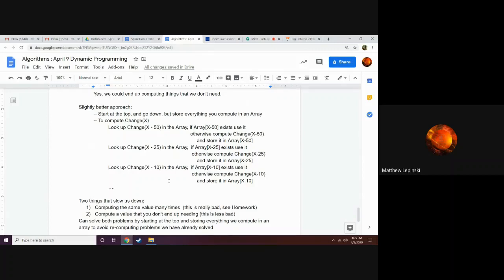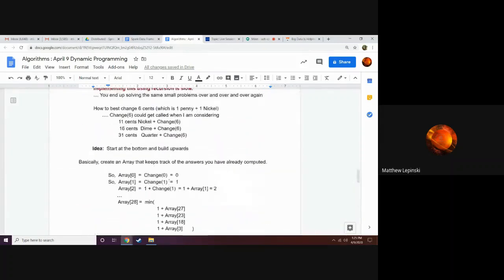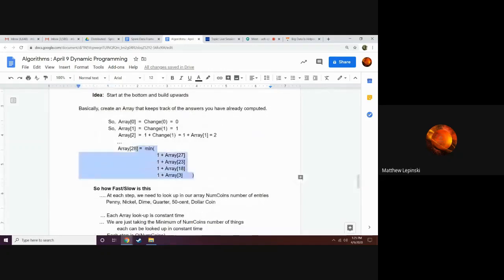But I just want to make sure the high level approach is clear: dynamic programming in a nutshell is that to solve the problem for 28, I solve the problem for a bunch of smaller cases and take the best one. And so that idea of thinking about problems in terms of, is this a case where dynamic programming could be helpful? Okay.